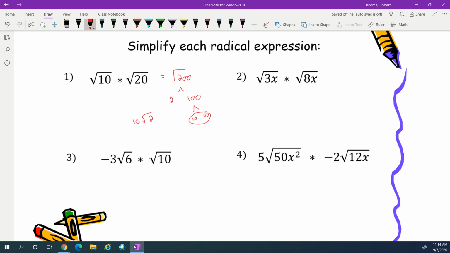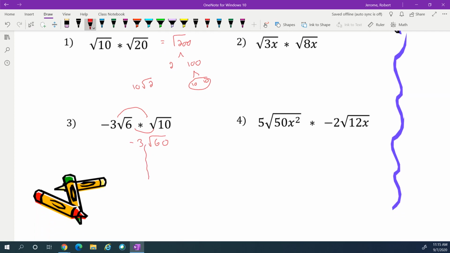In number 3, outside with outside. So that's negative 3. Inside with inside gives me a 60. But now I have to check, can I simplify a 60? So I'm going to ignore that negative 3 for just a minute, and I'm going to work right here. 2 times 30, 2 times 15, 3 times 5. I like to start with my lowest prime number because then they're already lined up for me.